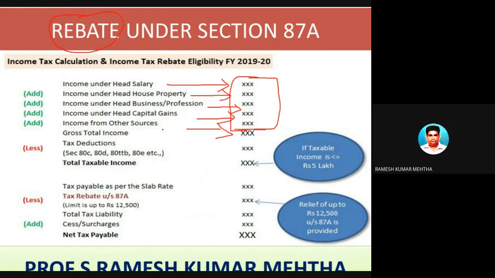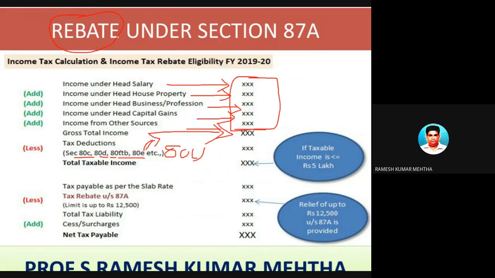Number two, after you have found out gross total income, you have to deduct certain deductions under section 80C, 80D, 80E, and so on up to 80U. There is a separate video which covers the deductions under section 80C to 80U, which is already uploaded on YouTube, and you can get an understanding and overview about these sections by visiting my video on this topic.